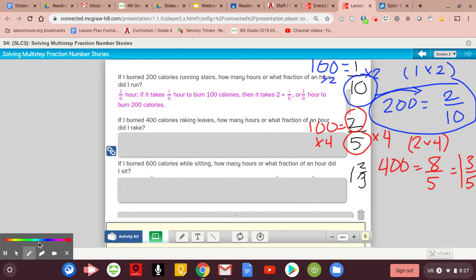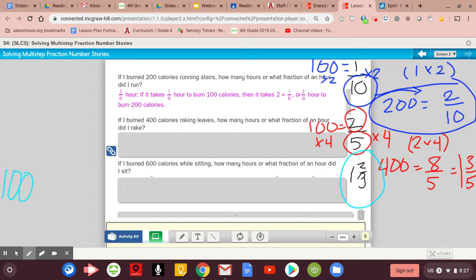All right, last problem. I'm going to change my color once again, and I'm actually going to work on this other side. So if I burn 600 calories while sitting, how many hours or what fractions of hours did I sit? So here's my work, 1 2/3 for 100.